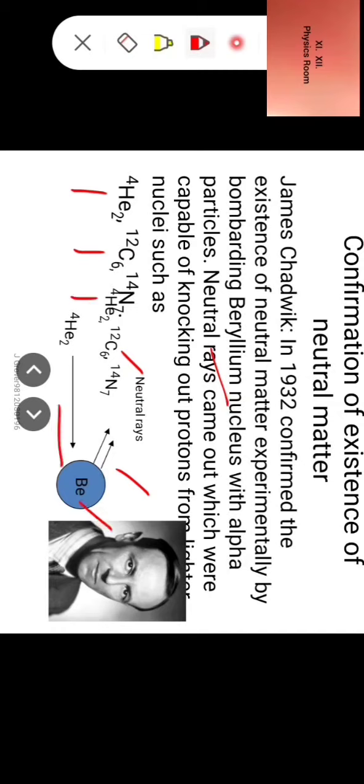These are alpha particles which are bombarded to beryllium nucleus, and these are neutral rays which came out and were capable of knocking out protons from lighter nuclei such as helium, carbon and nitrogen.